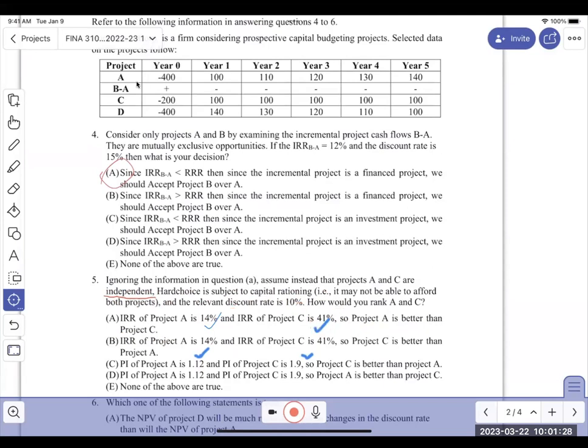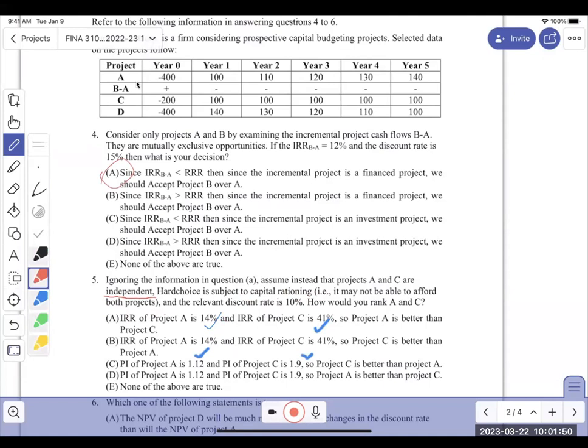Yes. And you should actually pick, in this case, because they're independent, you may not be able to afford both. An independent analysis says this one's good, that one's good, but with capital rationing, what do you do? You have to rank them in terms of the profitability index.